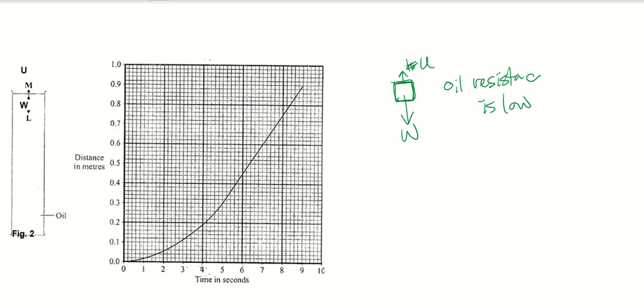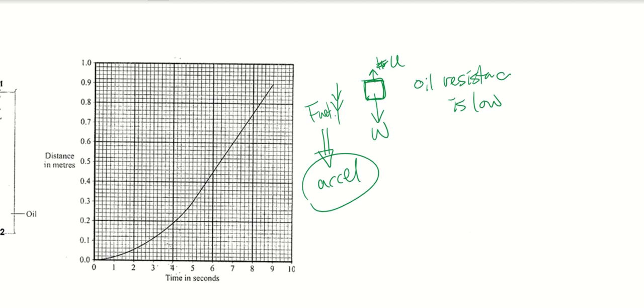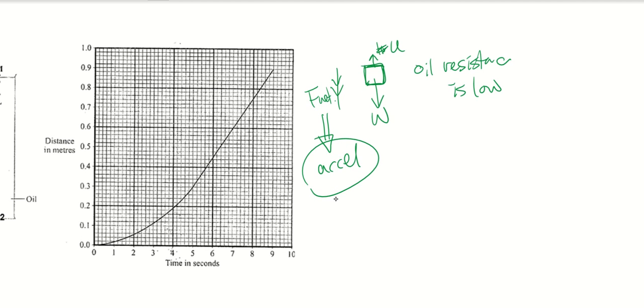The upthrust is lesser than the weight. So there is F net. It will cause it to accelerate, because whenever there's an F net, there's going to be acceleration. So next stage, what happens when there's acceleration?